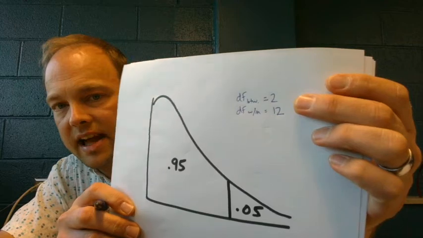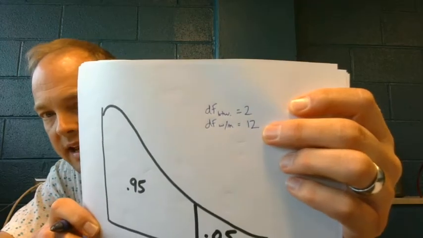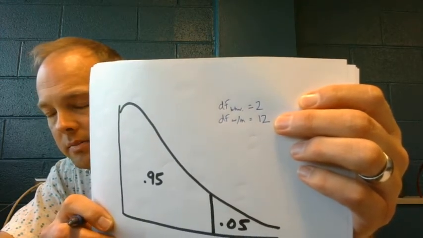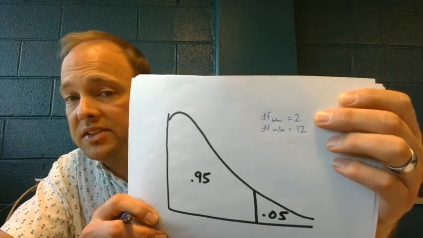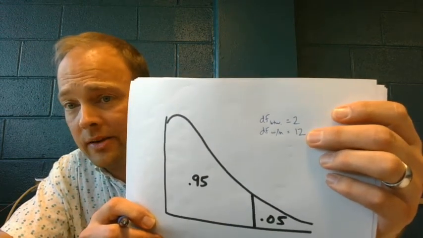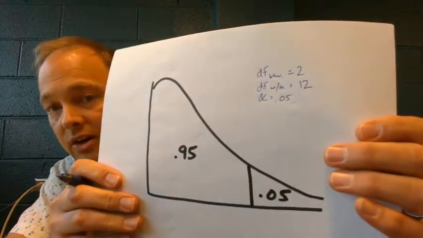The legend for this would be degrees of freedom between equals 2, degrees of freedom within equals 12, like that. df between, and I abbreviated between, df within, and I also abbreviated within. If you want to say df numerator and df denominator, that's fine too, as long as you're clear about it. And then our alpha level is 0.05, like that.